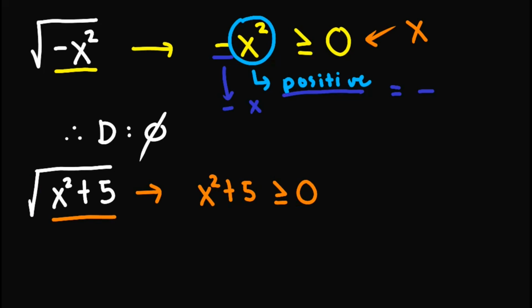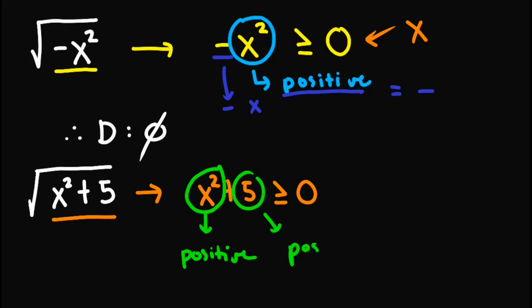But upon inspection, again, x squared is always positive, and 5 is also always positive. So if we have a positive number plus a positive number, then the outcome is always positive, which is greater than or equal to 0. In fact, it's just greater than 0.